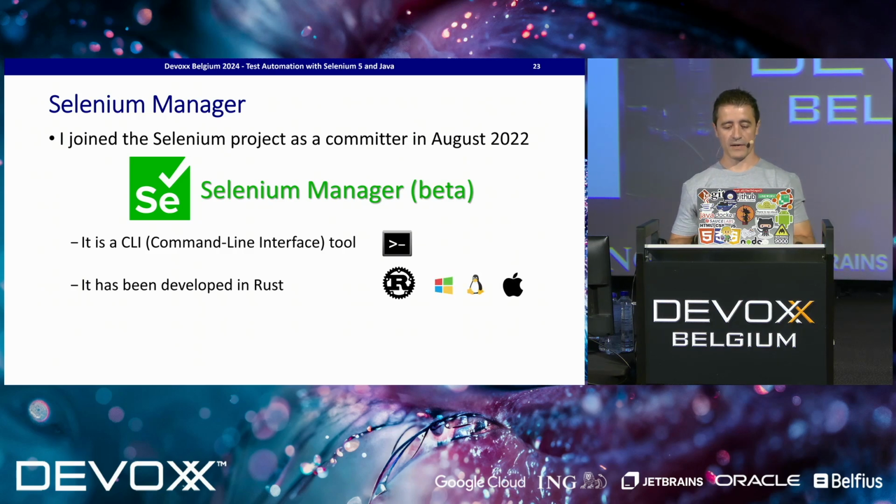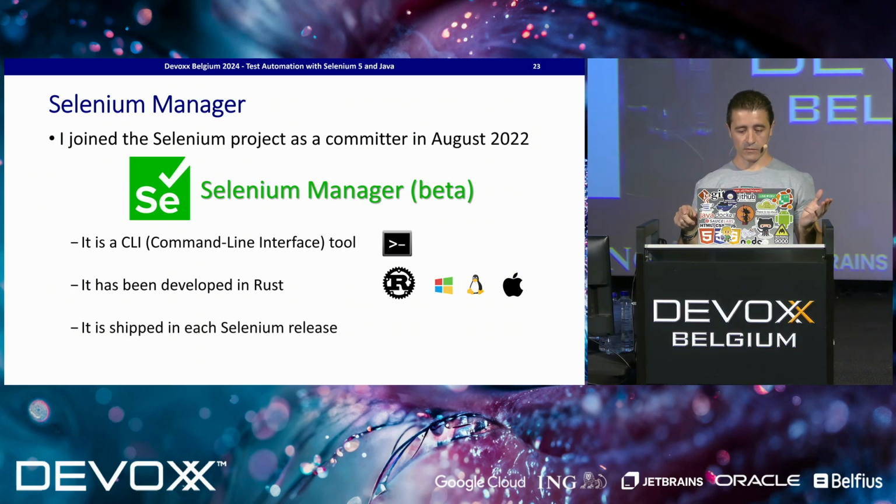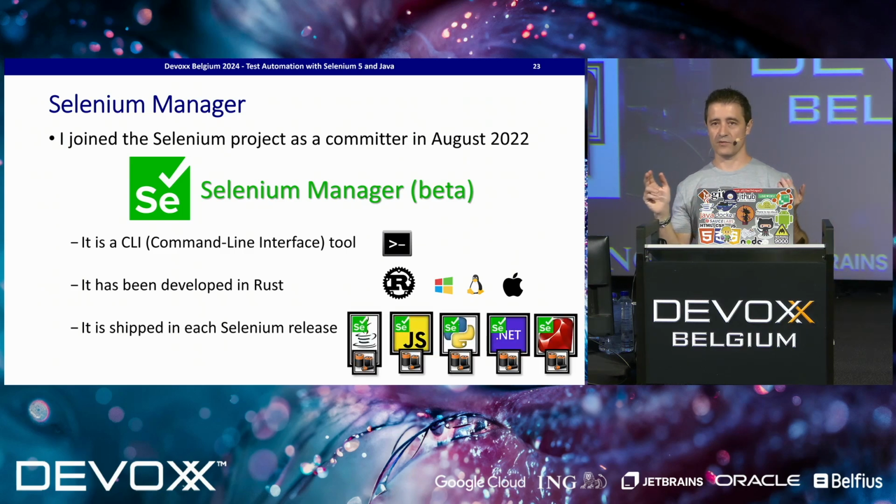This Rust binary is compiled to Windows, Mac, and Linux. These binaries are distributed within each Selenium release. So now we can say that each Selenium release has these batteries included that the Selenium developers demanded. Now, what are the features of Selenium Manager?